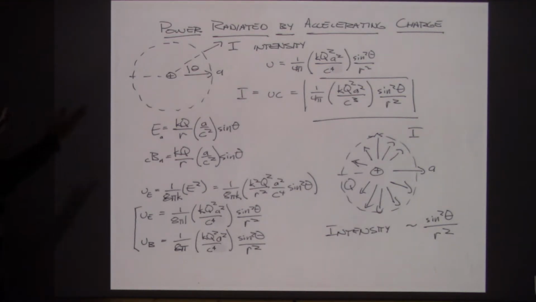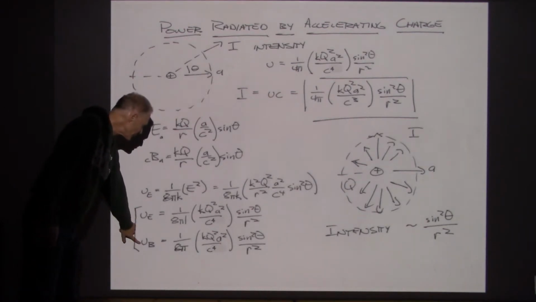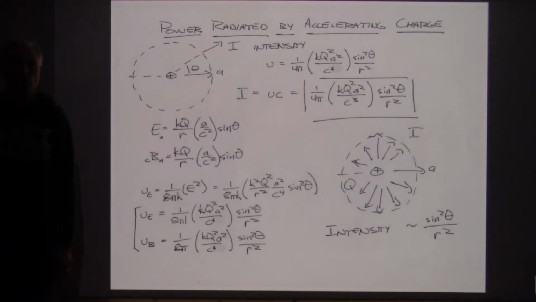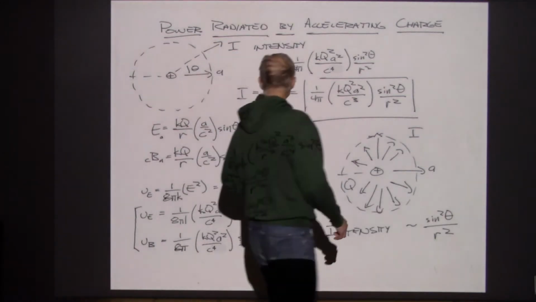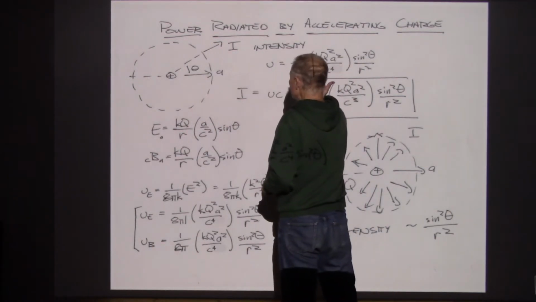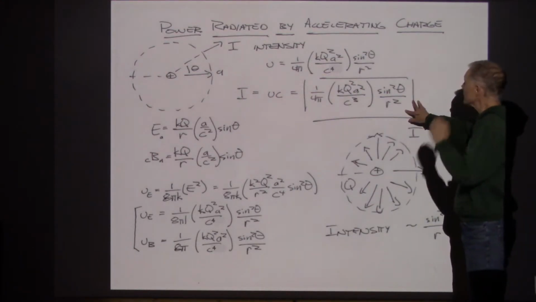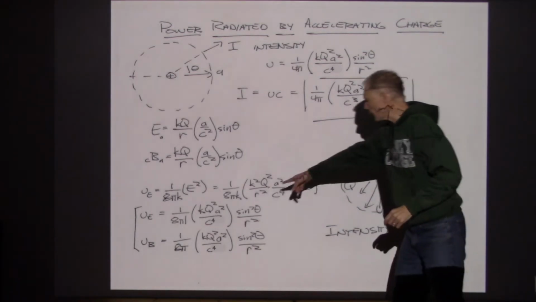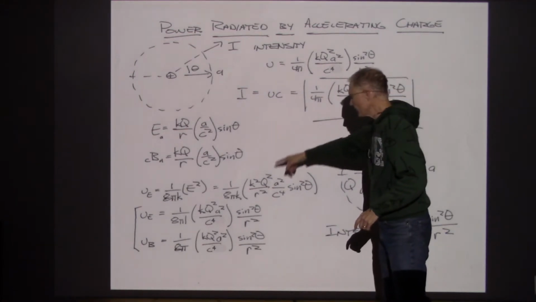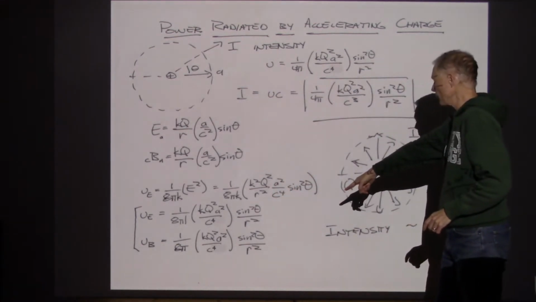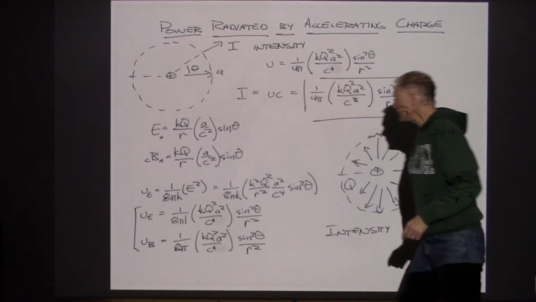So all of those factors are coming into this. Now, once we've calculated the energy density due to the electric fields, we know that the energy density due to the magnetic fields is the very same expression. So that's done, taken care of. So here's our charge, and it's accelerating right along the x-axis. And what I've done is I've taken everything that we've looked at down there, and I just added these two together.